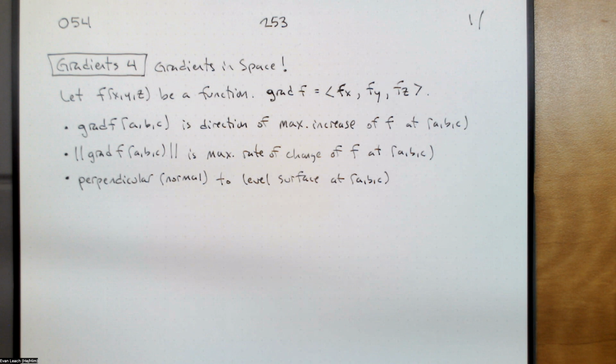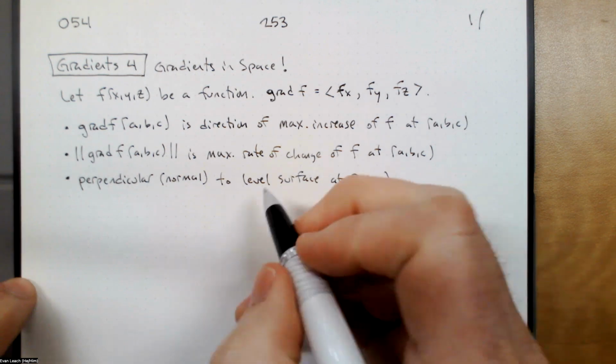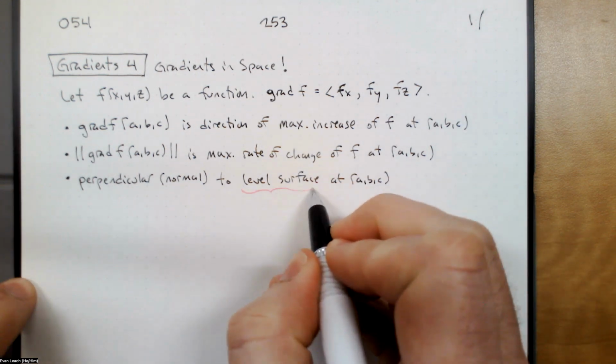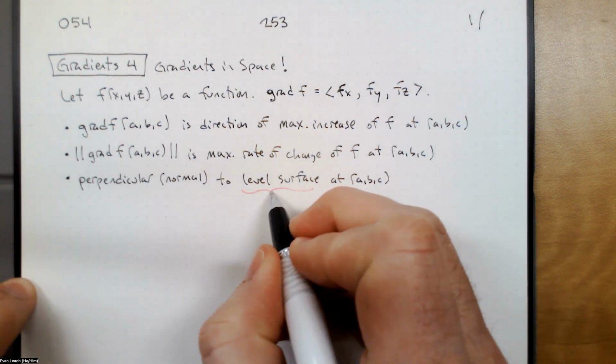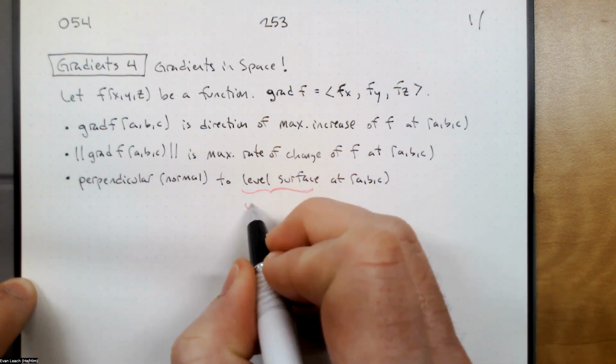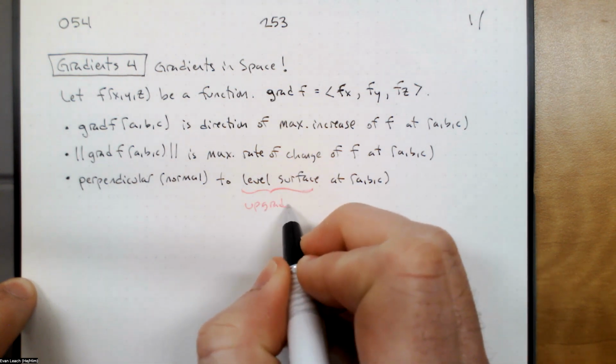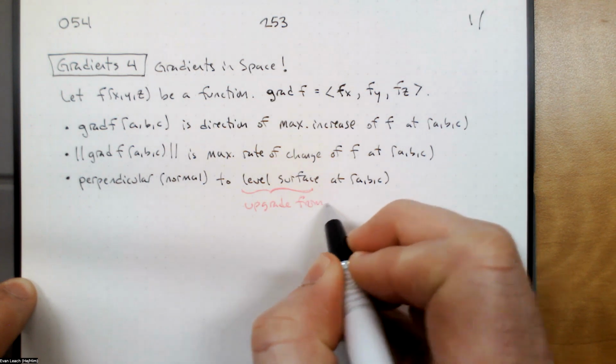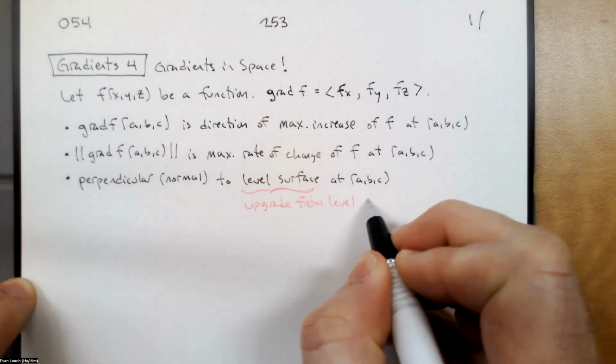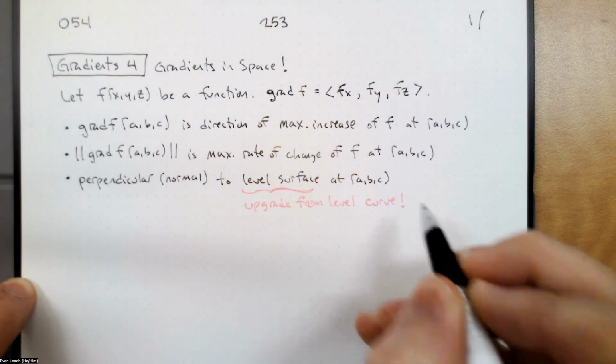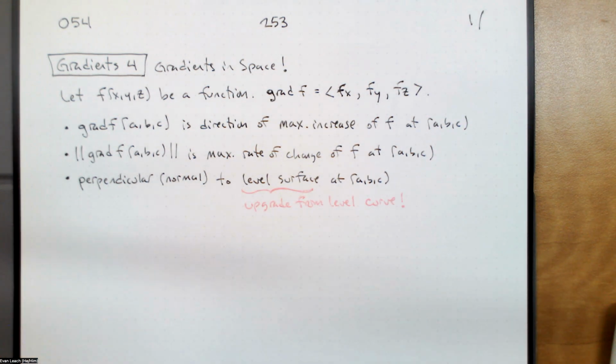So here we've got a new thing, level surface. That level surface part is an upgrade from a level curve. We had level curves before, we've got level surfaces now.